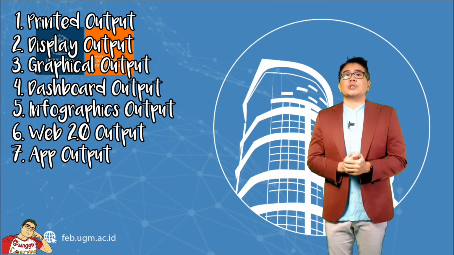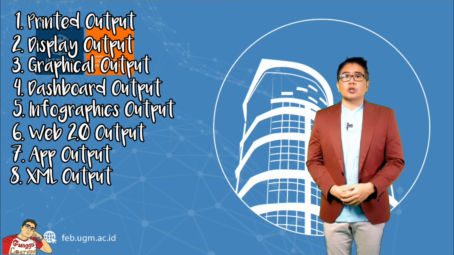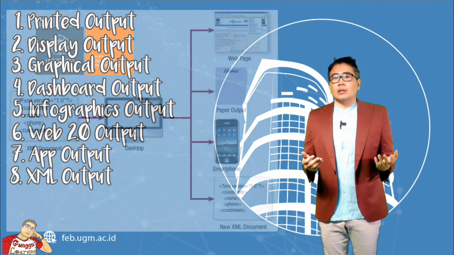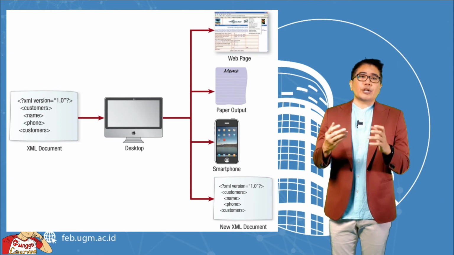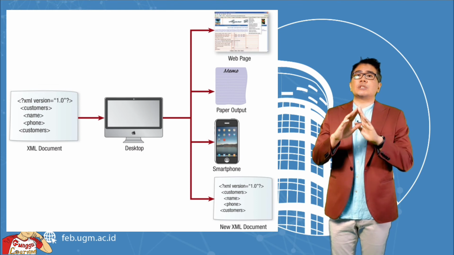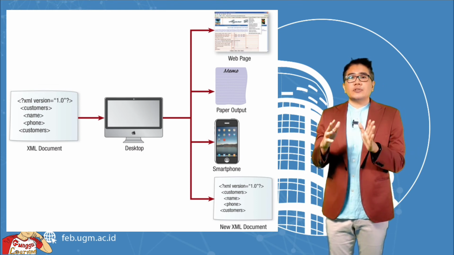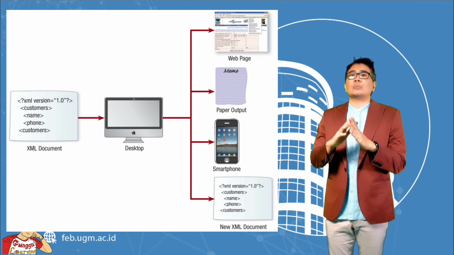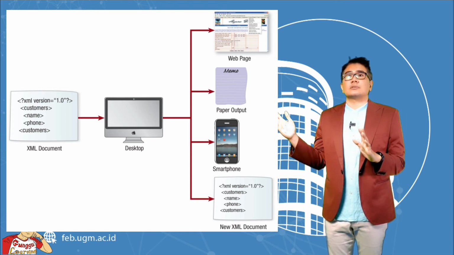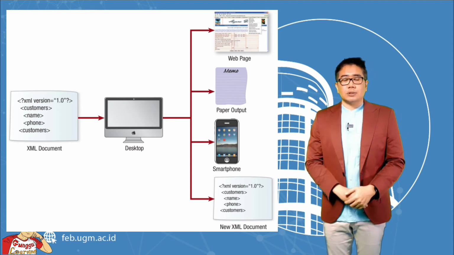Finally, the last output design is the Extensible Markup Language output design, or XML output design. The XML is a very flexible output, where you can convert the XML output to a lot of different output designs. For example, to a mobile phone app design or even an XML document that can be sent to other systems at the supplier's company or even other systems at the company branch.